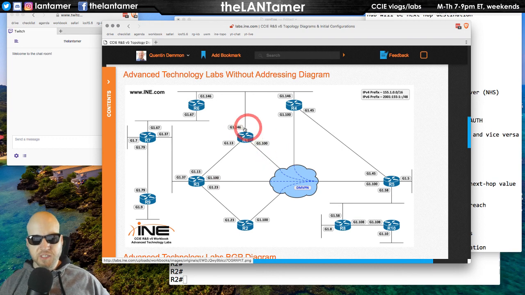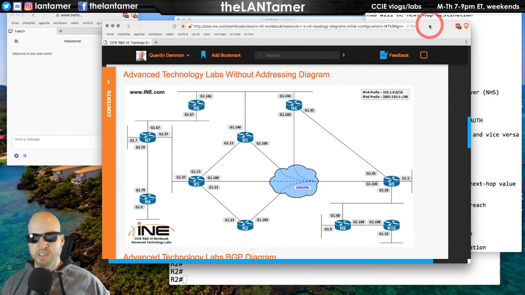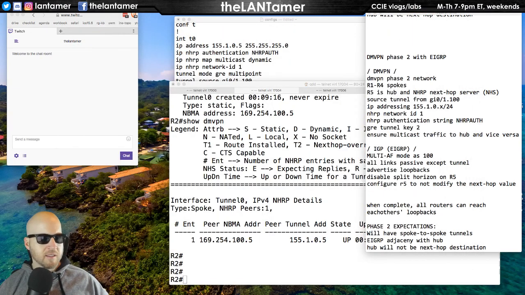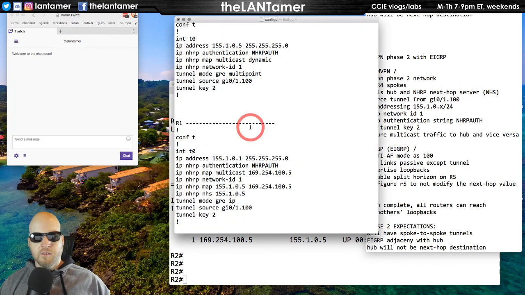And the way we do that is we change the tunnel type on router 1, on the spokes, from a single tunnel destination to the same sort of setup that we have with the hub. We configure it as a multipoint GRE, tunnel mode gre multipoint, right?